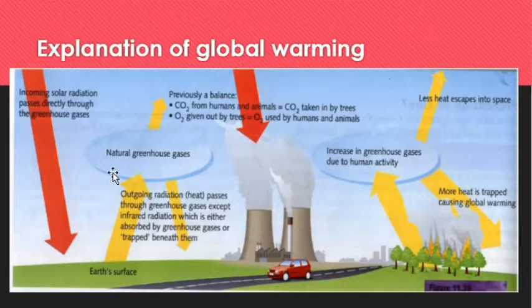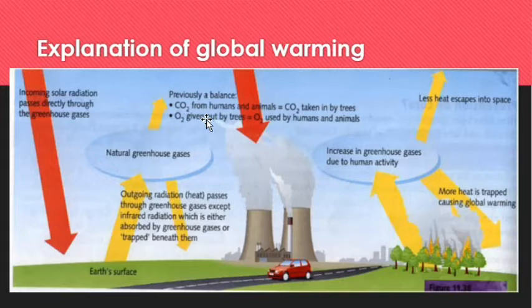So, ito yung explanation ng global warming. May pumapasok na solar energy directly sa greenhouse gas. So, natural greenhouse gas is the outgoing radiation passes through a greenhouse gas except that the infrared radiation is either absorbed by the greenhouse gas or natatrap sa atin. So, dahil sa carbon dioxide and humans nagpo-produce ng carbon dioxide.